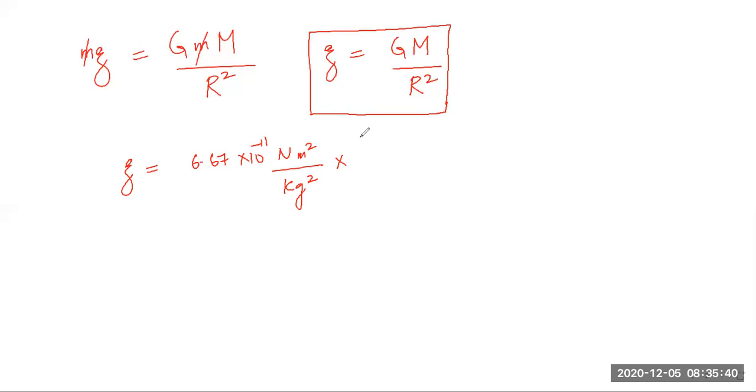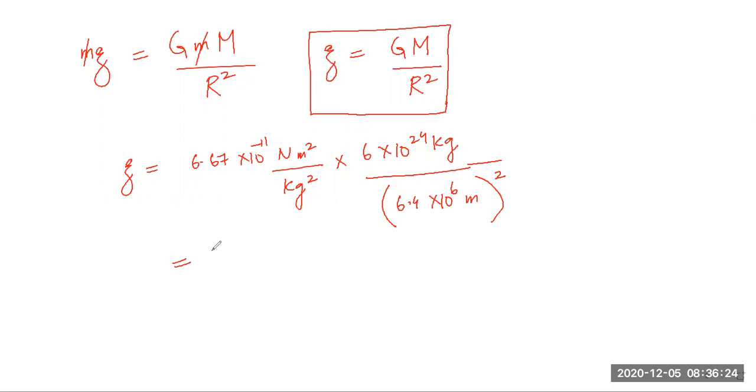Now students, we'll take an approximate mass of earth, 6 into 10 raised to power 24 kg, divided by the radius of the earth square. The radius of the earth is approximately 6.4 into 10 raised to power 6 meter, right? So now we are going to square this, and then we solve this.